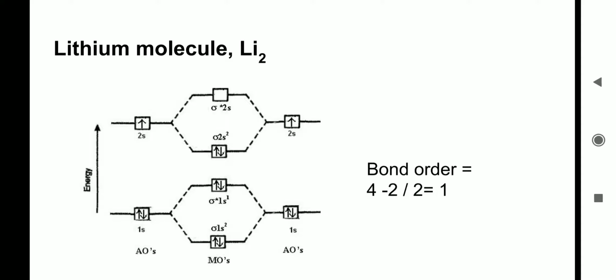Now these 6 electrons will again be filled by following the Aufbau principle and Pauli's exclusion rule, and all will be in the paired state. So this molecule is diamagnetic and bond order will be 1, which is calculated by the same formula. The number of electrons in the bonding molecular orbitals is 4 and the number of electrons in the antibonding is 2, and hence the bond order will be 1.